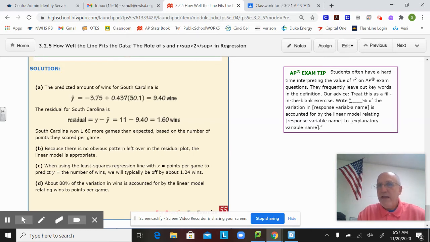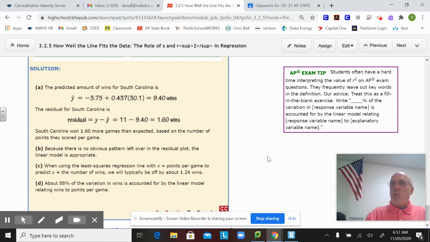So, in our example, 88% of the variation in wins is accounted for by the linear model relating wins to points per game. There's no reason to say more than that, but you for sure don't want to say less than that.